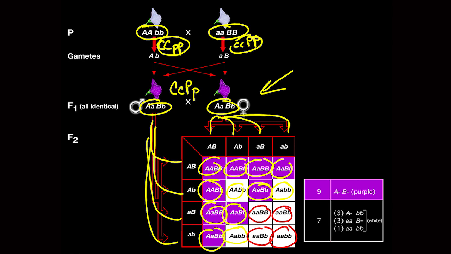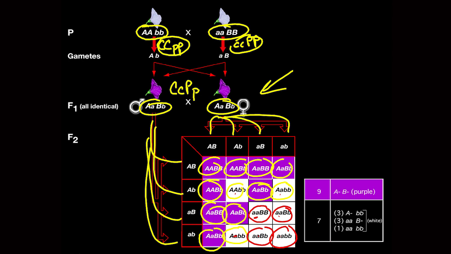But look-wise, all those 3, 3, and 1 look white, right? So this shows you, at the risk of redundancy, the genetics of this is a pure dihybrid cross. What's different is the way that these two loci are interacting to affect the expression of one trait, purple or white.